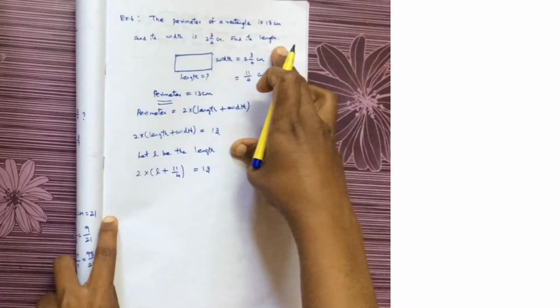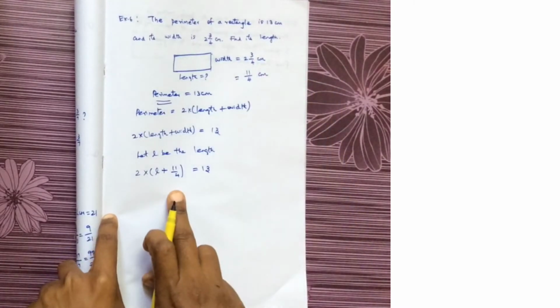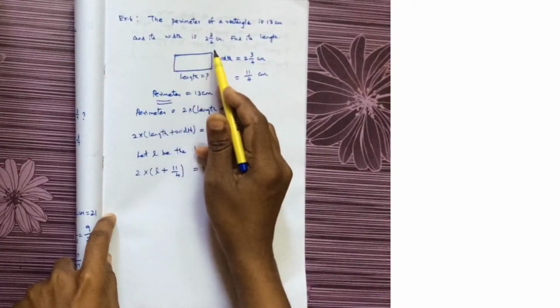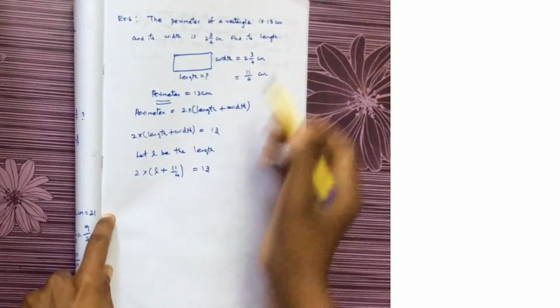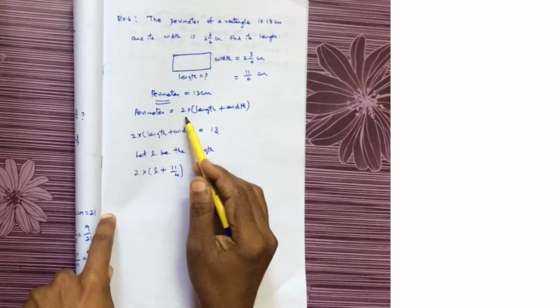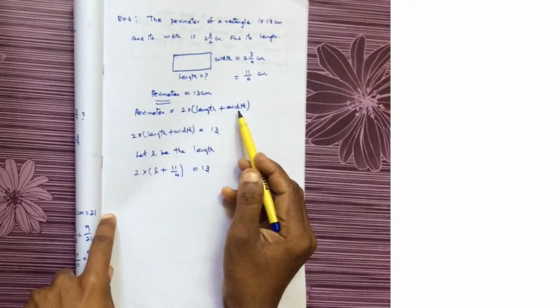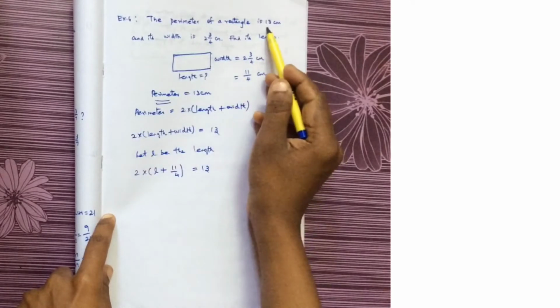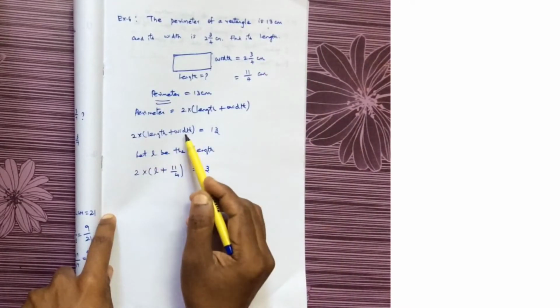Whatever the statement given, we have now converted it into the form of an equation. The perimeter is 13, width is 2 3/4, and we have to find the length. The formula for the perimeter is 2 into length plus width, which is 13. Now the width I know.